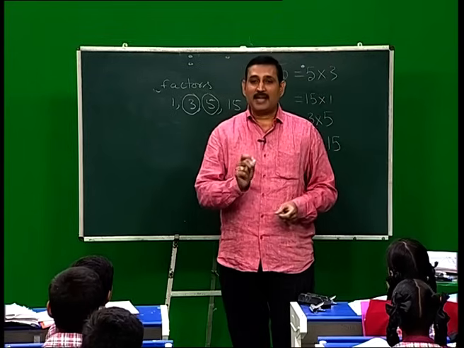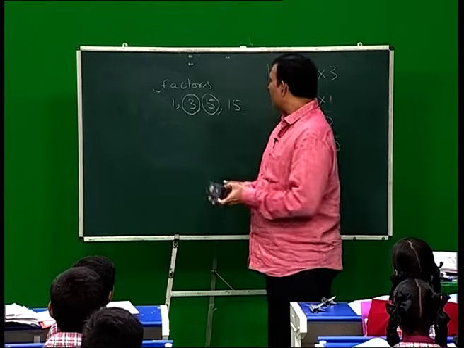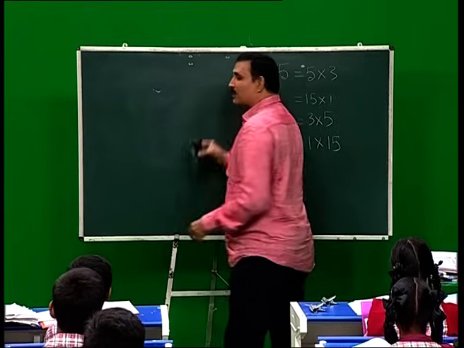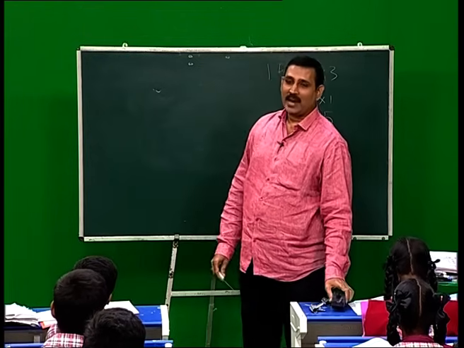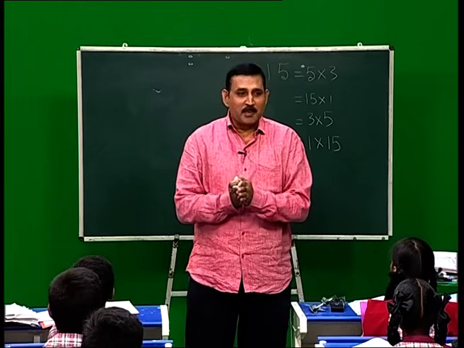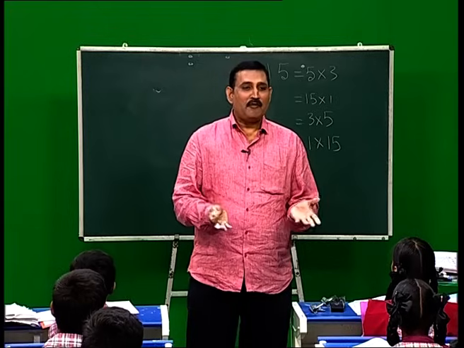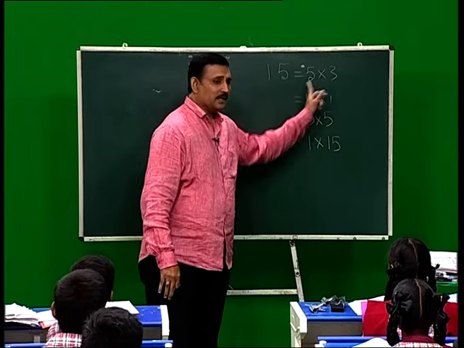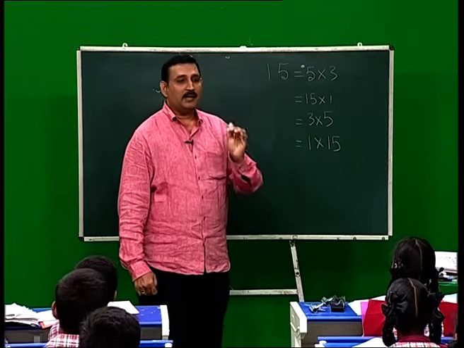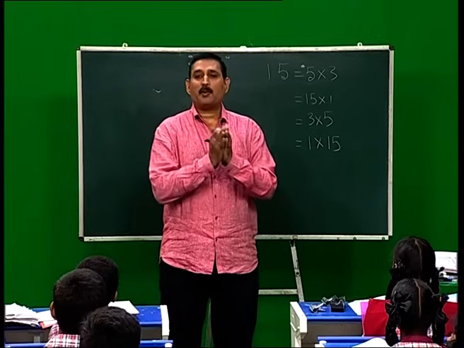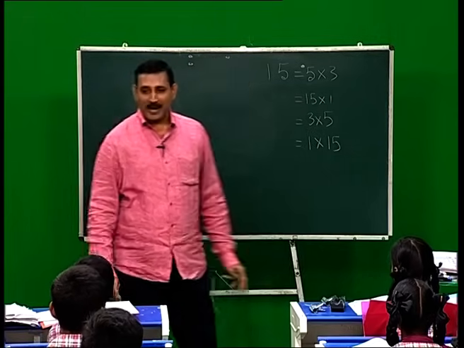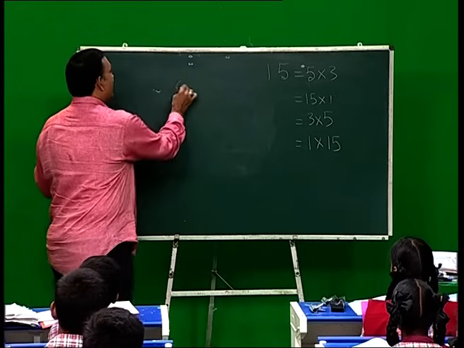If we split a number into a product of prime numbers, we call it prime factorization. Factorization means splitting into factors, which can be any numbers. In particular, if we write it only as a product of prime numbers, we call it prime factorization.